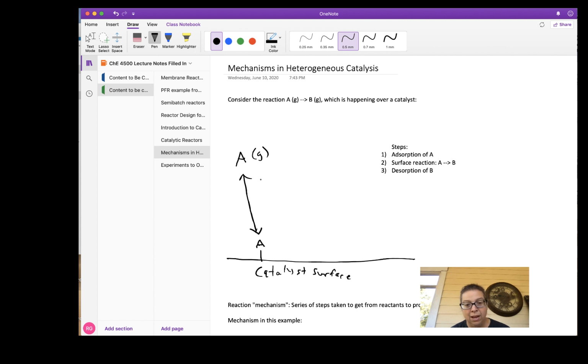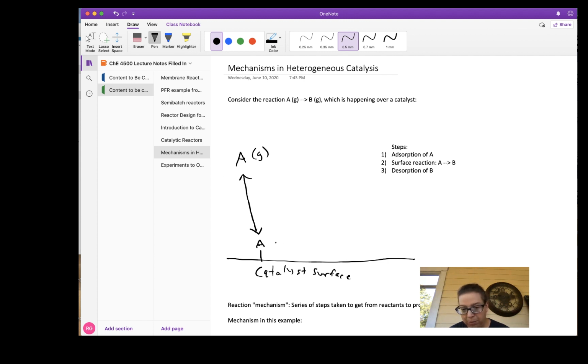Imagine a gas molecule A flying around in the gas phase. It collides with the catalyst surface, and the energy with which it collides is sufficient to allow formation of a chemical bond between molecule A and the catalyst surface. Really that bond doesn't have to be chemical, it could be physical. So A adsorbs.